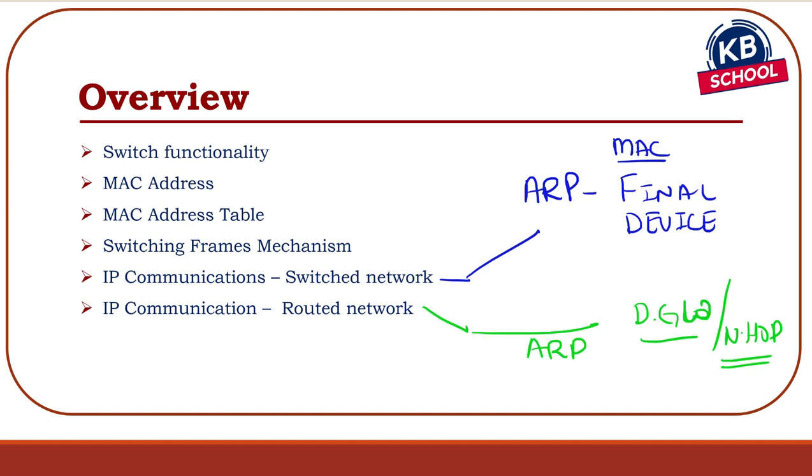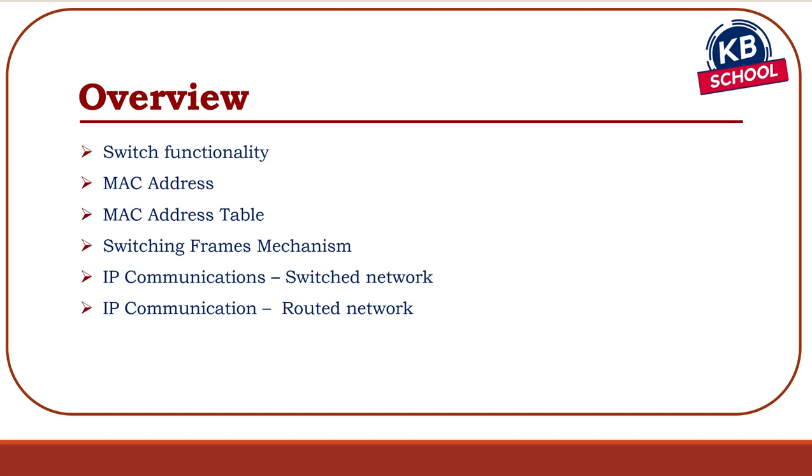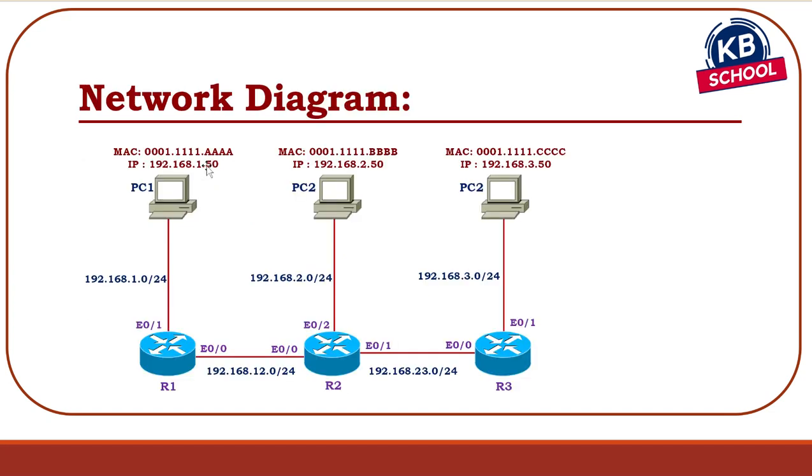So in our case over here, if you remember the last thing that we discussed in the routed environment, ARP on this segment was for what? Default gateway. ARP over here for the next hop. ARP over here was again for the next hop, and over here it was for the destination device.